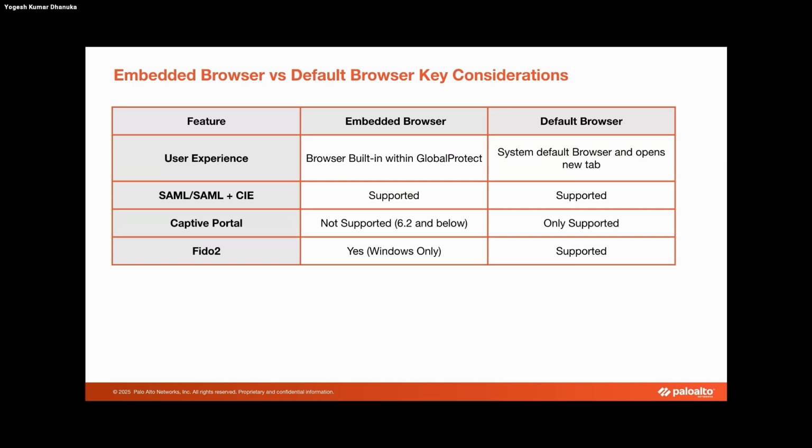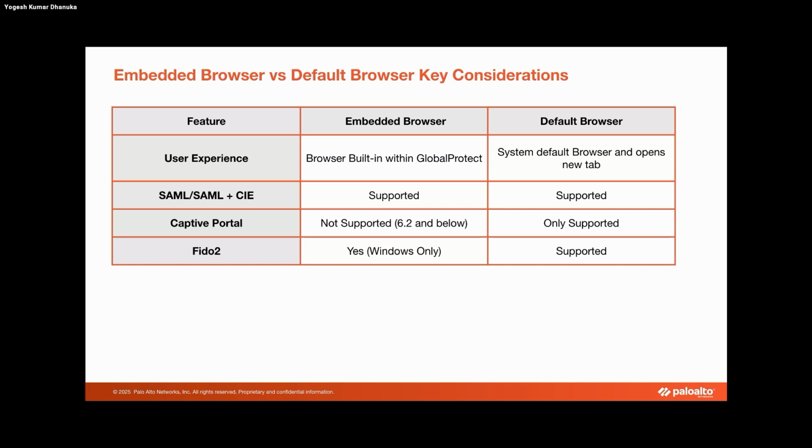There is one enhancement in 6.3 for captive portal as well, where, let's say, there are users who travel and need to use captive portal a lot of times, for example, at airports, or outside in coffee shops, where the captive portal is required. Previously, the captive portal would go back to the default browser, even if you have embedded browser configured, which would be a different experience, and the user is not aware that they need to authenticate with the captive portal first.